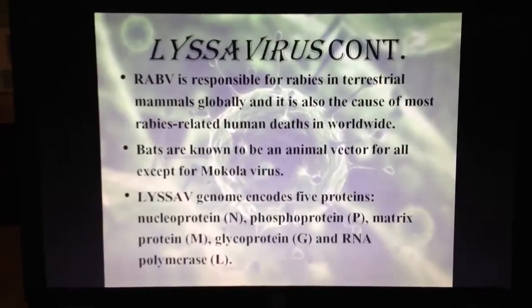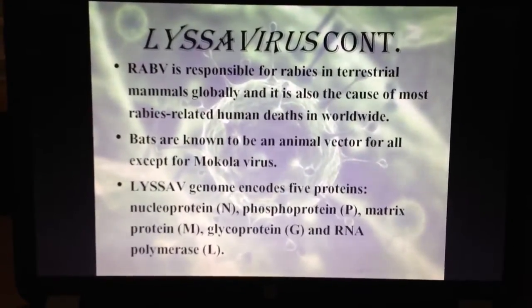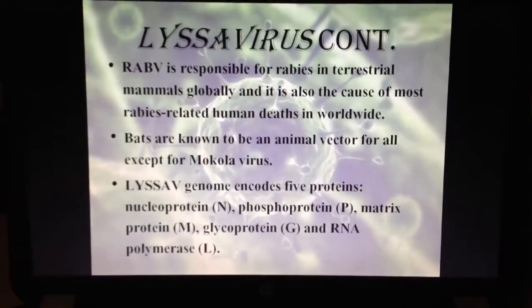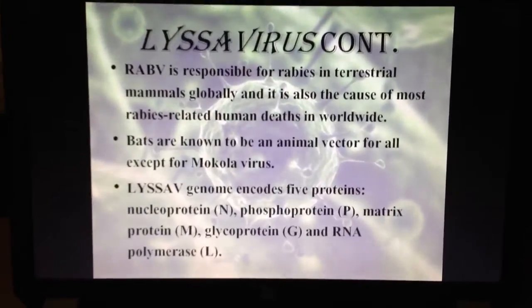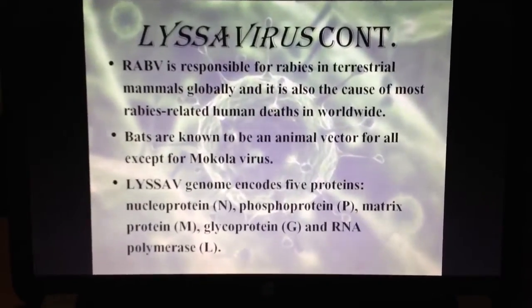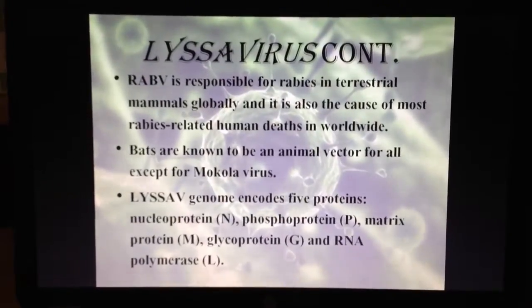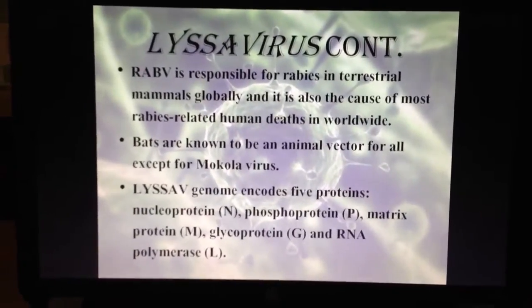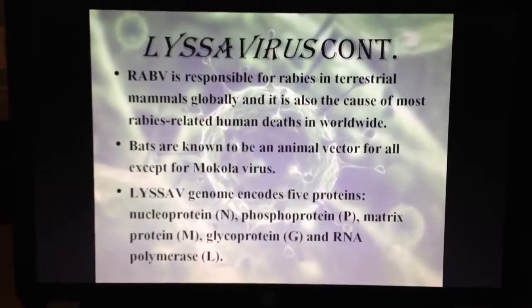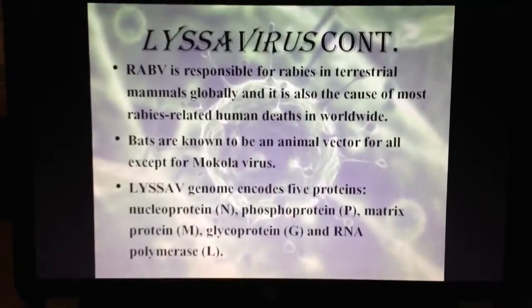So the rabies virus is responsible for rabies in terrestrial mammals globally, and it is also the cause of most rabies-related human deaths worldwide. Bats are known to be an animal vector for all except for the Mokola virus. Lyssavirus genome encodes for the 5 proteins that we have seen earlier.